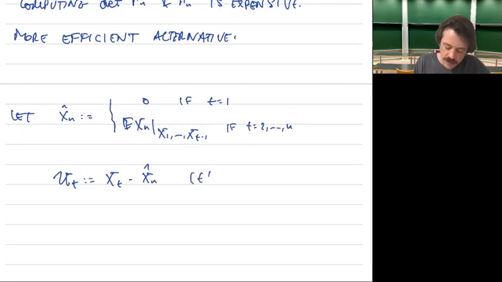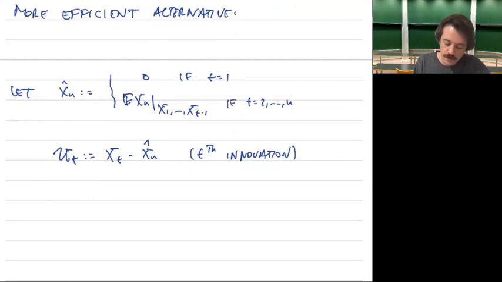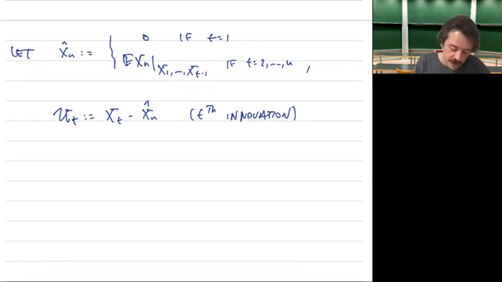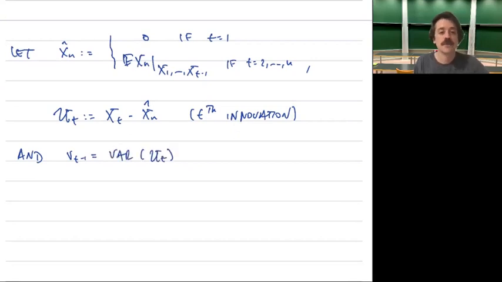This is called the t-th innovation. We also define v t minus 1 to be the variance of this U t.